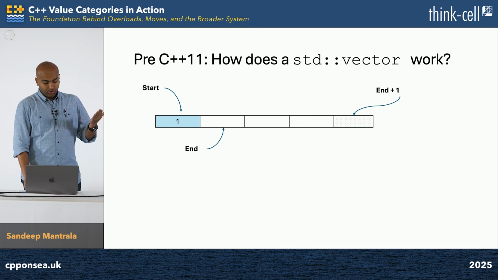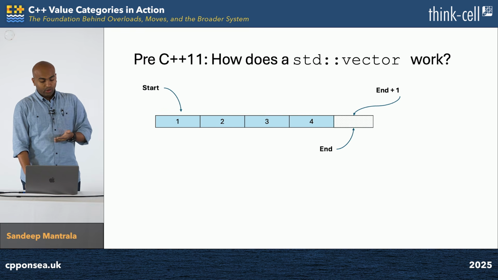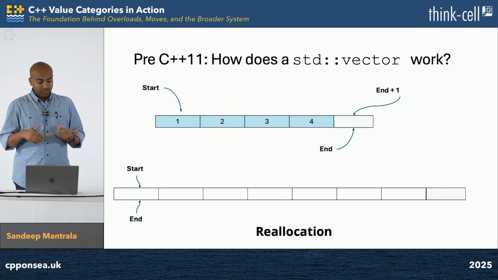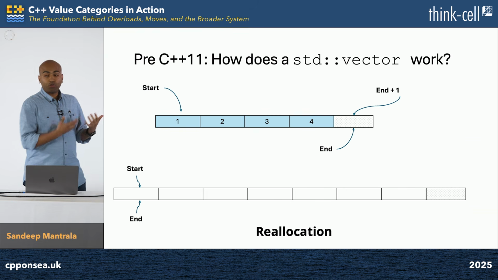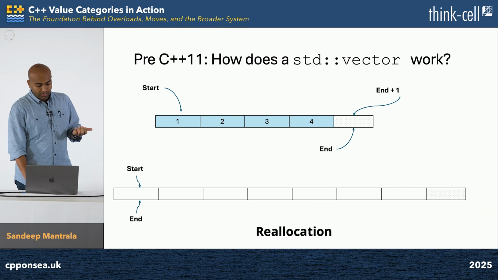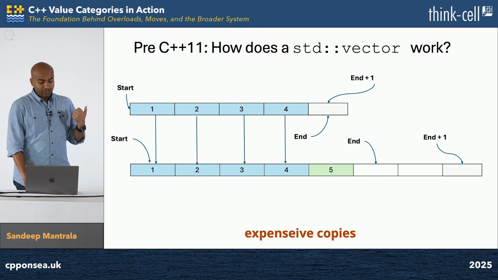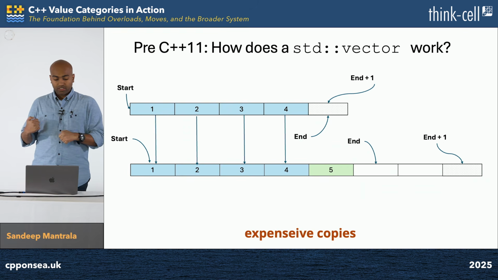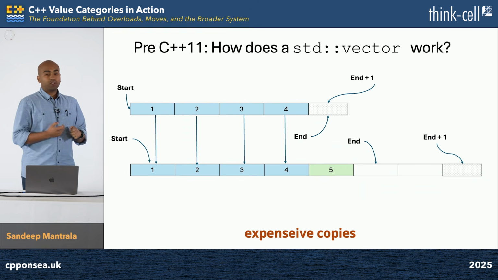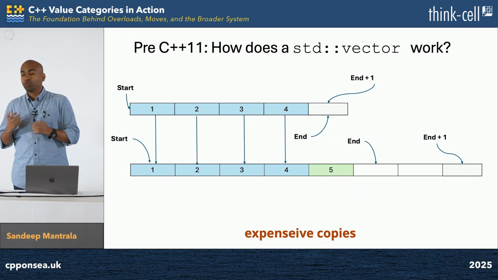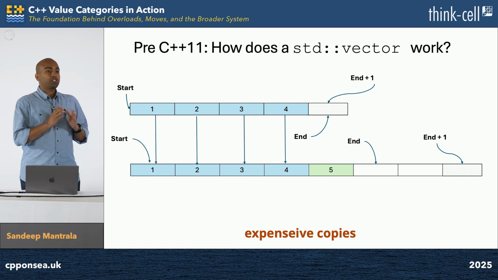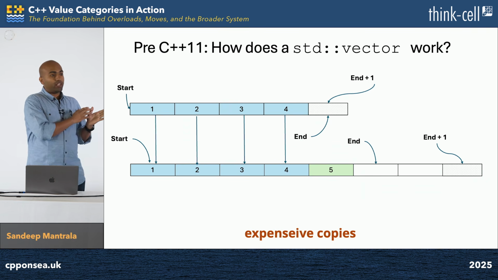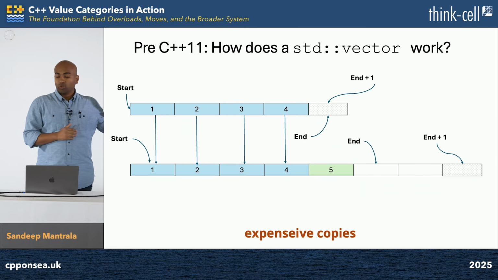The end pointer keeps moving towards the end, and once it reaches this point, when you try to insert more elements, it needs to reallocate memory, right? We all know this. After this reallocation, what happens? We copy over all the elements from the previously held positions to the new positions. I said copy, but in modern C++, a move is also possible. But we are talking about C++ prior to C++11, so at that time it was only copy.